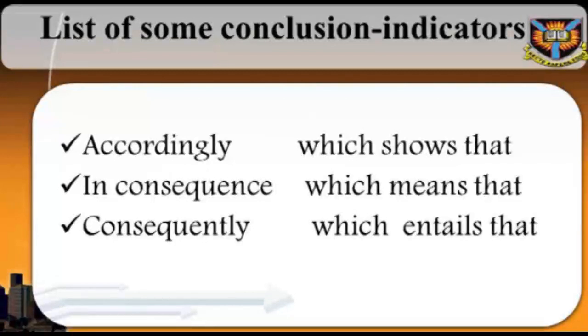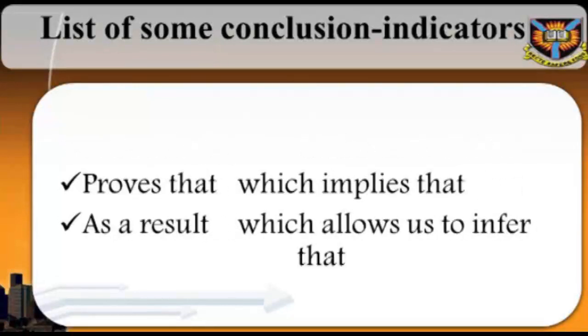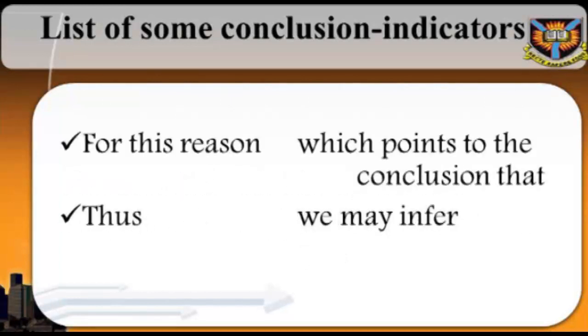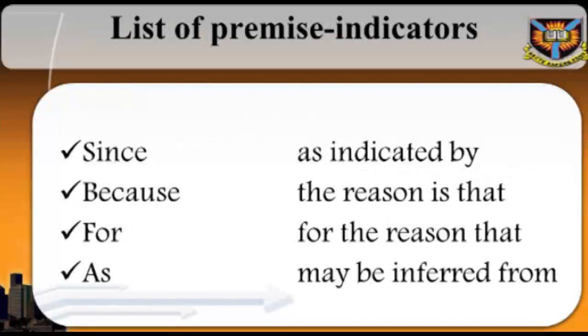Consequently, which entails that. Proves that, which implies that. As a result, which allows us to infer that. For this reason, which points to the conclusion that. Thus, we may infer.